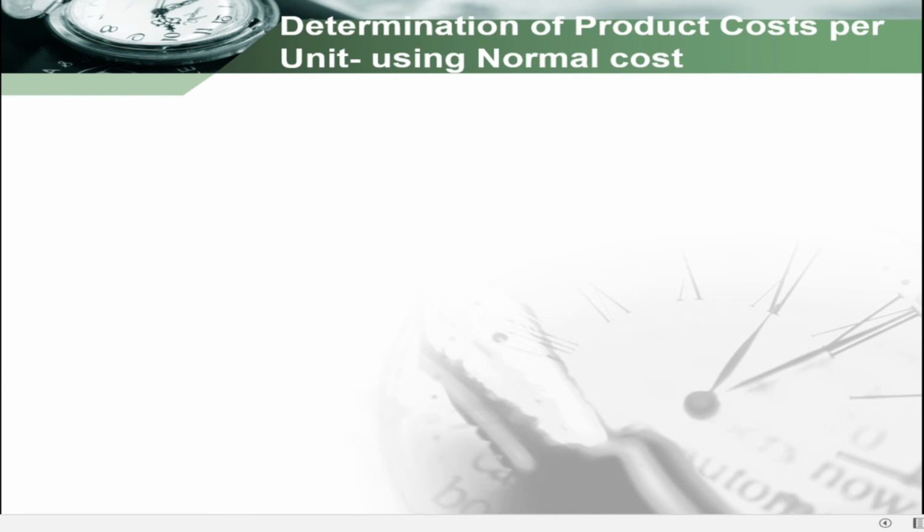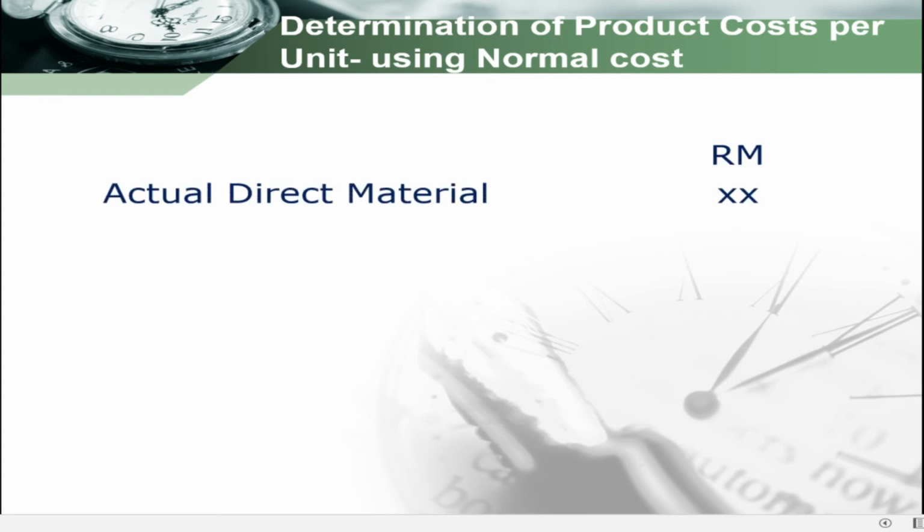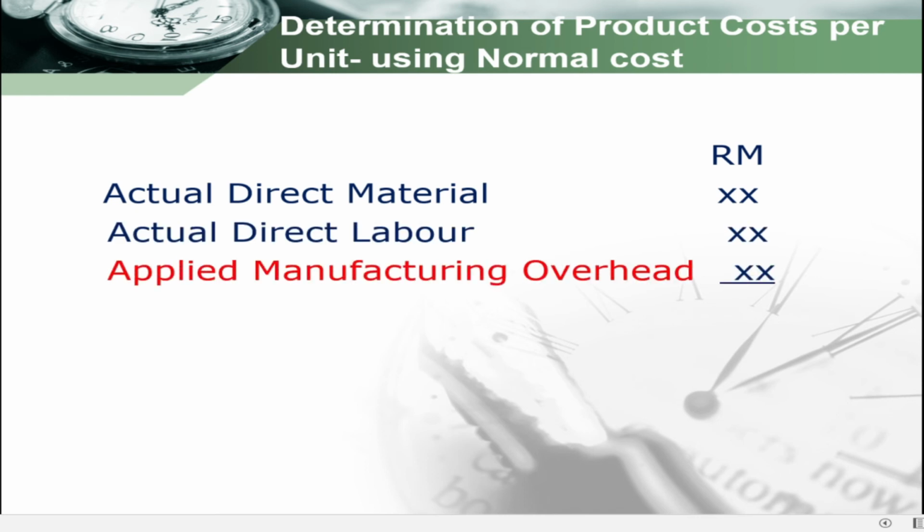Determination of product cost per unit using normal system: actual direct material, actual direct labor, but for manufacturing overhead, we use applied manufacturing overhead to determine product cost under normal costing.